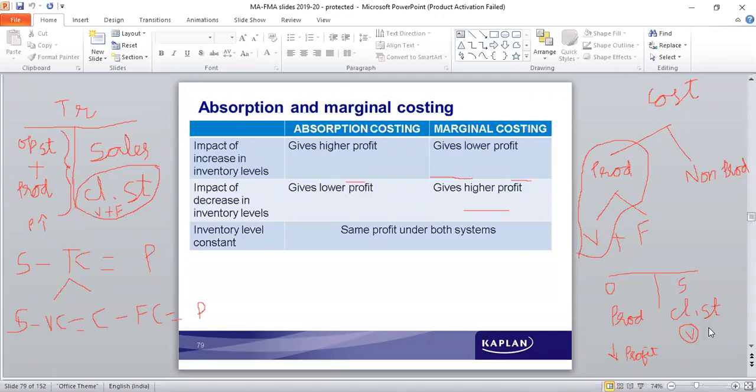Impact of a decrease in inventory levels. Inventory level is reducing. When inventory level is constant, it would be the same profit under both the systems.